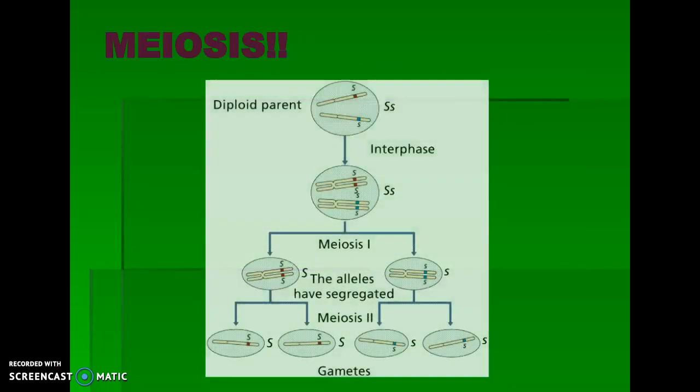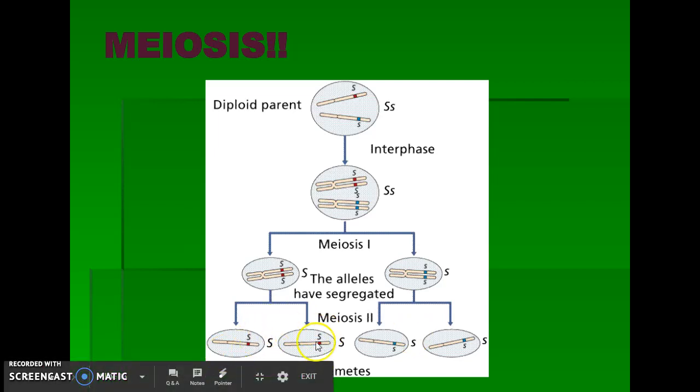Well, you guessed it, meiosis. All right, there's our diploid parent. Then we have interphase, and then we go through the first division of meiosis, and then we go through our second division of meiosis, and of course that's where we have that segregation take place, and we have the different alleles in each gamete.